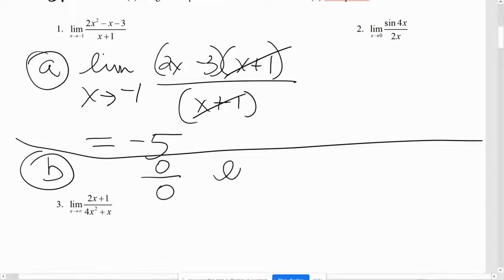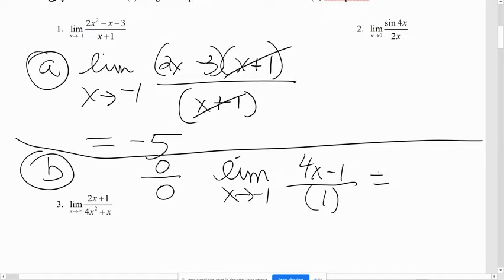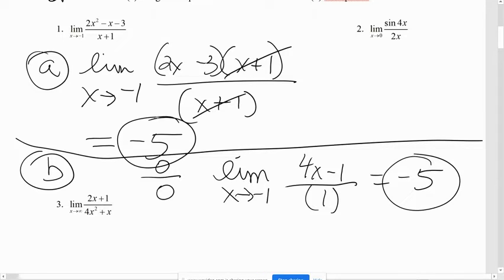All right, so L'Hopital says we're going to do the limit as x approaches -1, and we're going to find the derivative of the top, which is just 4x minus 1, and the derivative of the bottom is 1. And if you plug in now, there's no issue with the denominator. You come up with -5, and that matches our other answer, which it should.